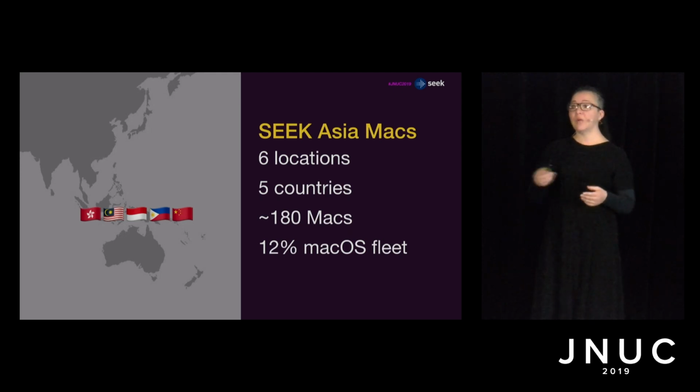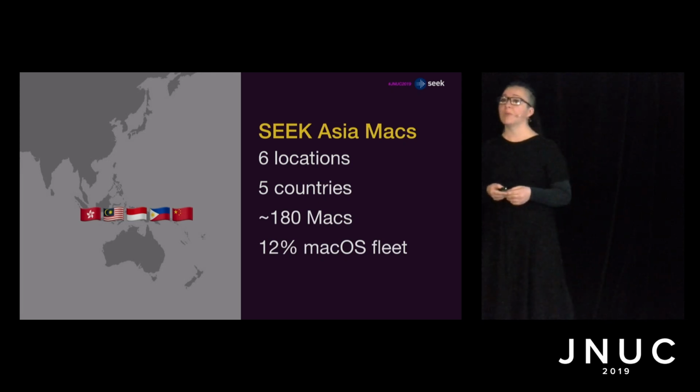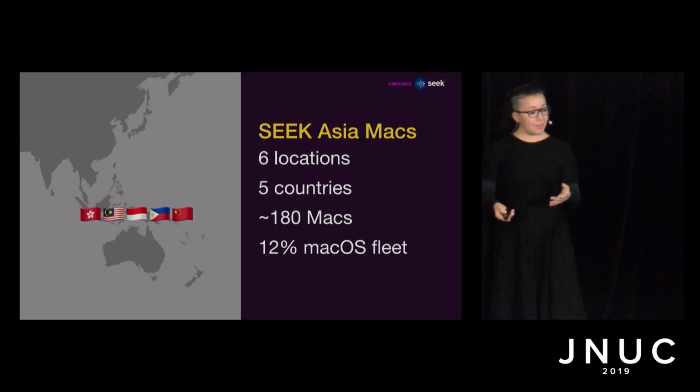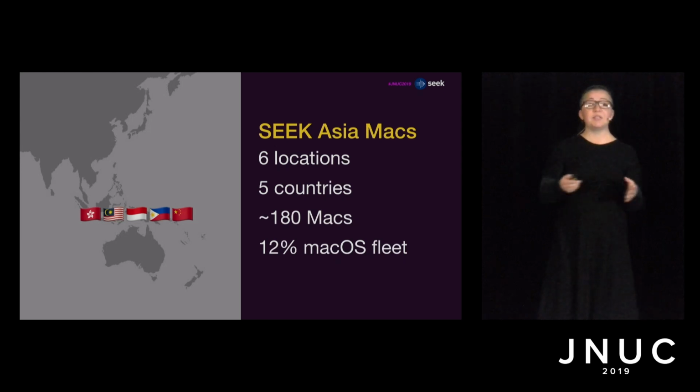And so they were looking at using Jamf Pro. So that's where I came in and stepped in to help them in a phased approach, migrating these Macs from completely unmanaged to managed. The Macs are only about 12% of their fleet.